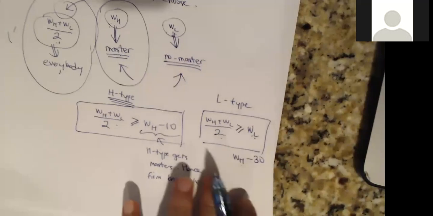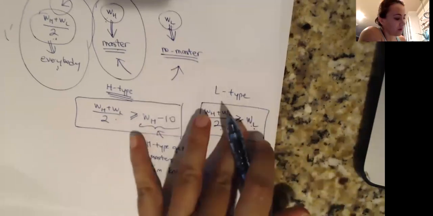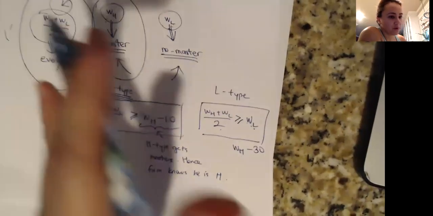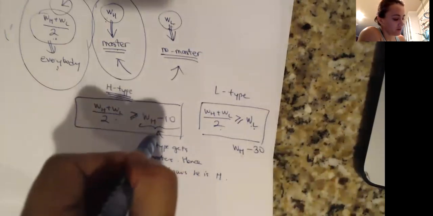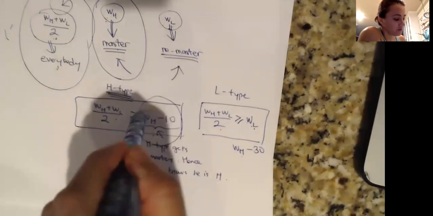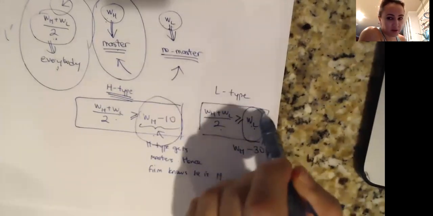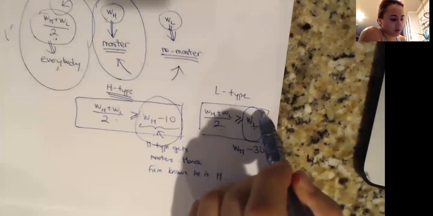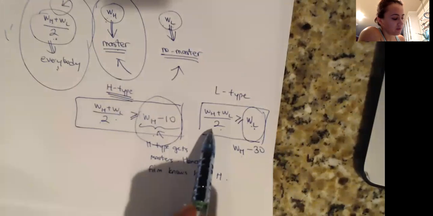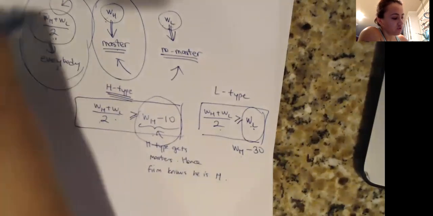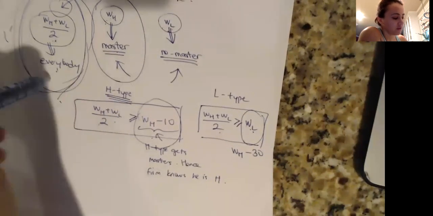Okay. So remember, I'm comparing a pooling equilibrium with a separating equilibrium. So I want high types in a separating equilibrium to get a master's degree and low types not to get a master's degree. So the left-hand sides are pooling in the sense that everybody is choosing this and not getting a master's degree.